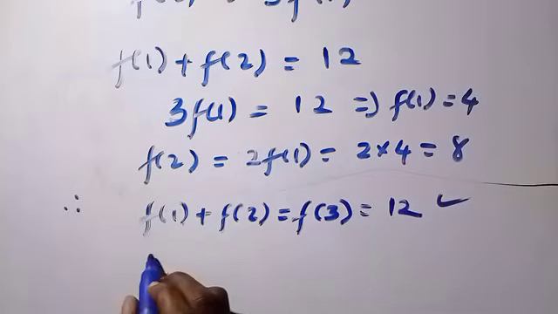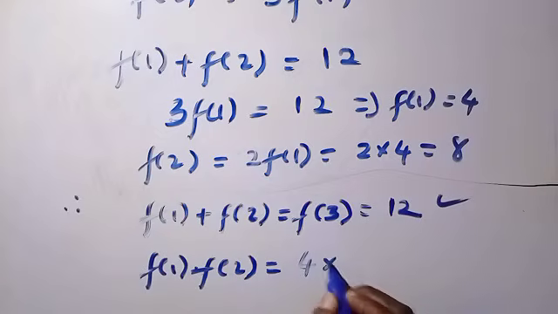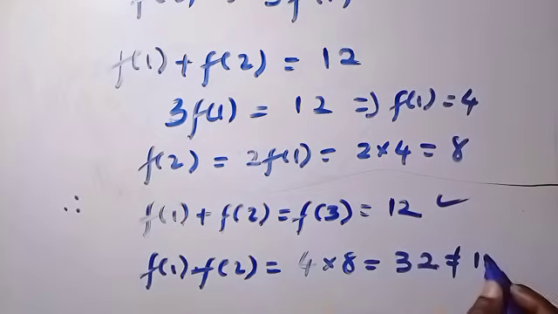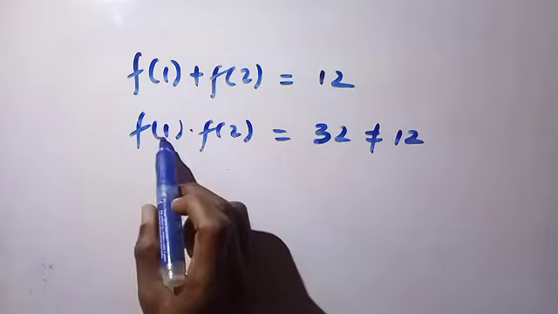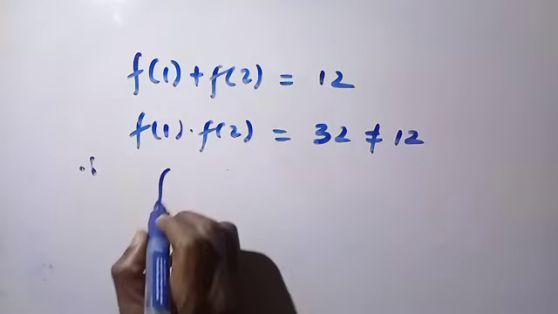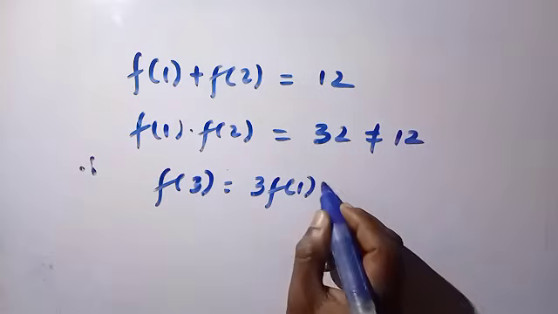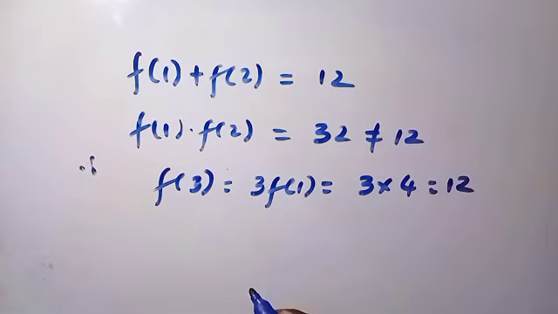But looking at the multiplication part, for f of 1 multiplied by f of 2, this gives us f of 1 is 4 multiplied by 8, and we have this as 32, and 32 is not equal to 12. Then since f of 1 times f of 2 is not equal to 12, therefore for every f of 3, which equals 3 f of 1, this equals 3 times 4 equals 12.